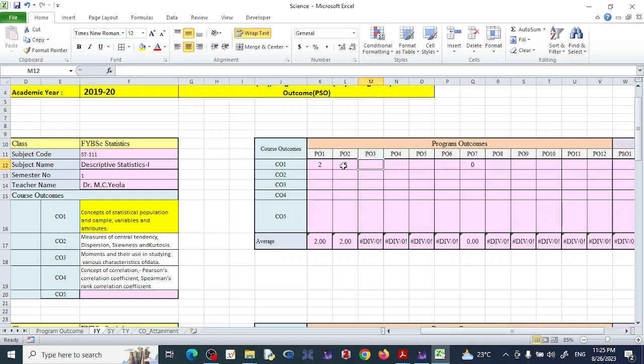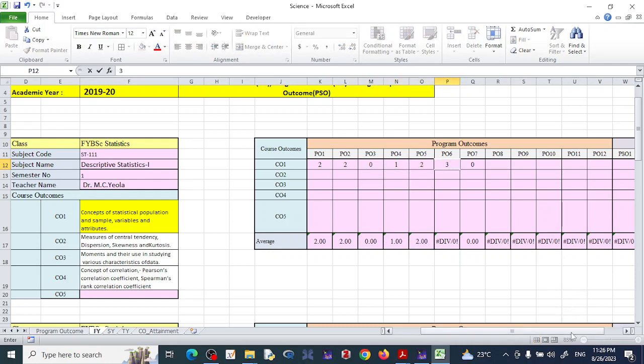Make sure that each entry is filled. If there are only 8 program outcomes, then you either ignore this or write 0, but don't write dash. In the same way, fill this information: 0, then 1, 2, 3.